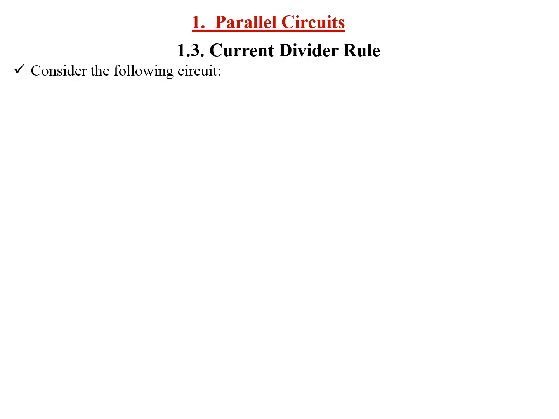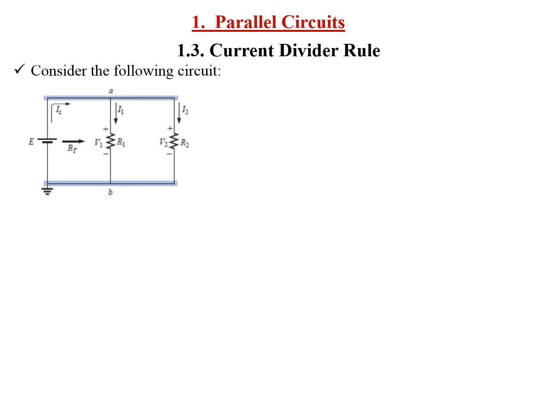Then I said at a node, current would divide or branch into different networks. So we now check what is called the current divider rule. If you consider the circuit, you have a source E, then resistances R1 and R2, and a source current IS with branch currents I1 and I2.